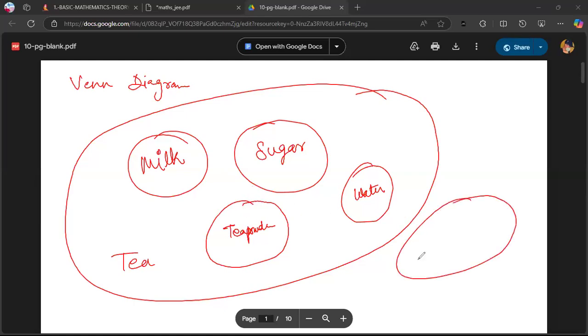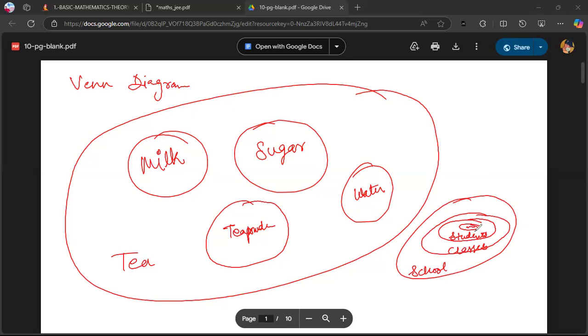Let's take something else. As a school, there are classes. And in classes, what is there? Students. So in this Venn diagram, the school has classes, and classes have students.